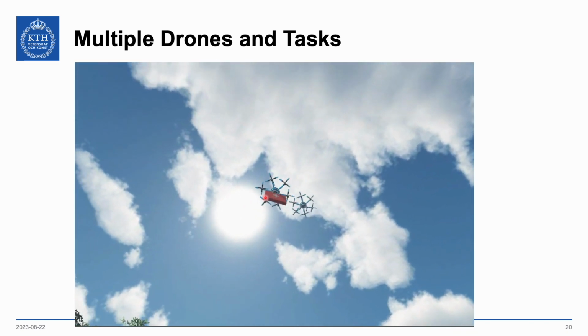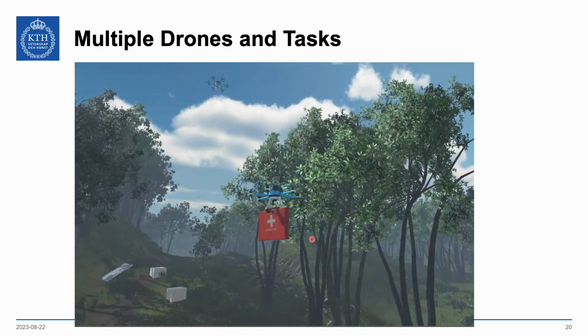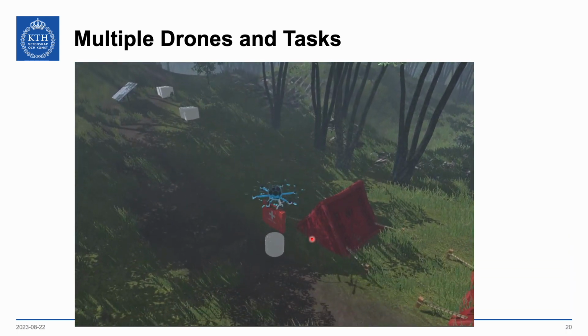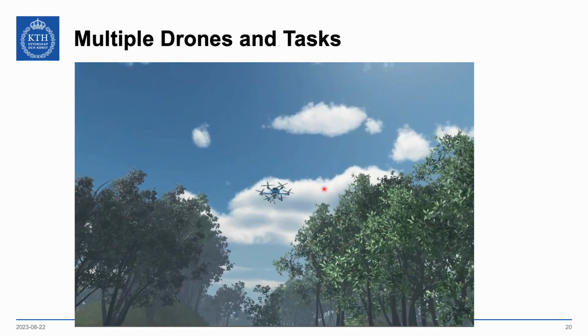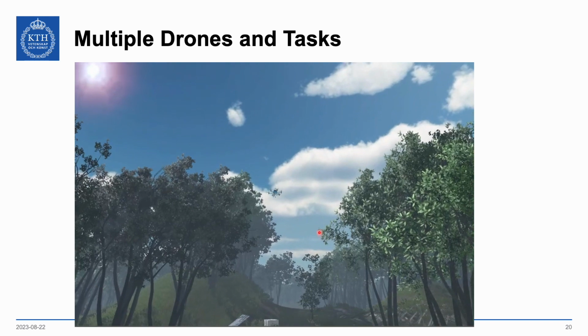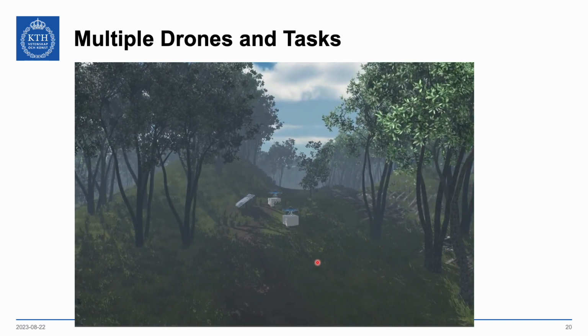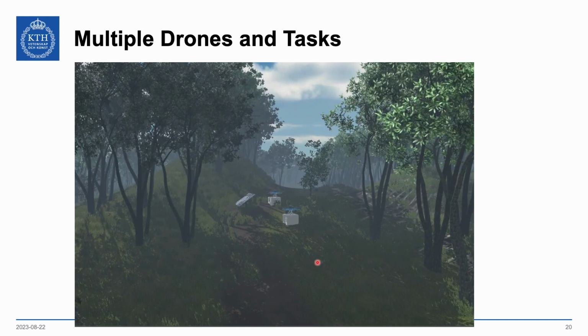Obviously, to make this faster, all the tents and all the packages are fairly close, to keep the video from being overly long and boring. So when all packages are delivered, the final goal is to be back at the charging station, and here we are at the charging station. So that's the mission completed.